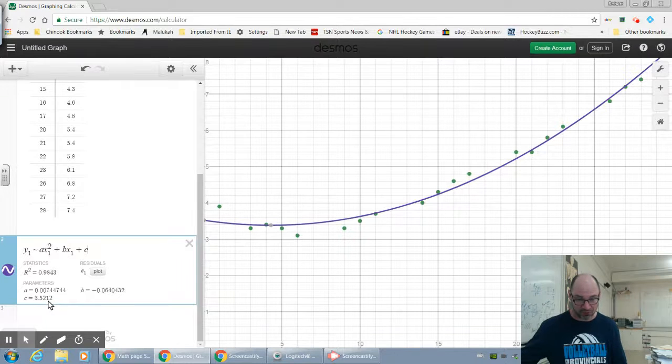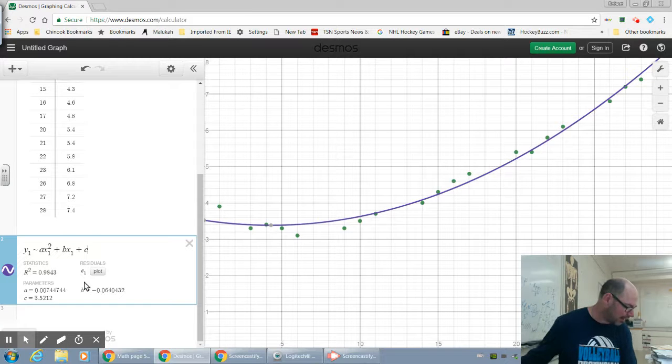If they asked you for the equation of quadratic regression, then it would be 0.007, don't ignore this number, 0.0744744, then b would be minus 0.0640 plus this number.